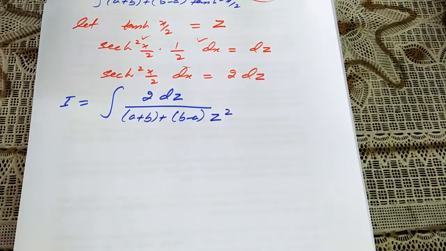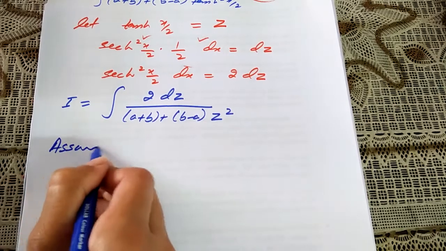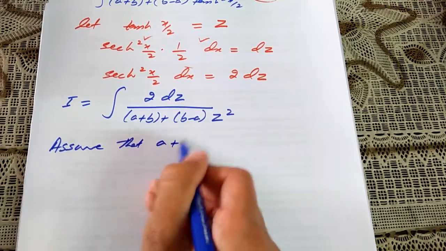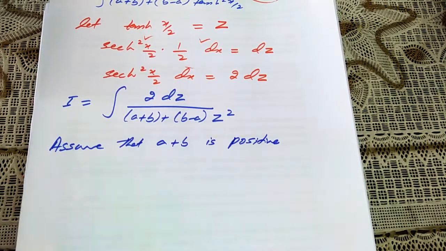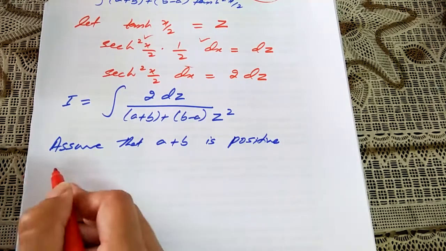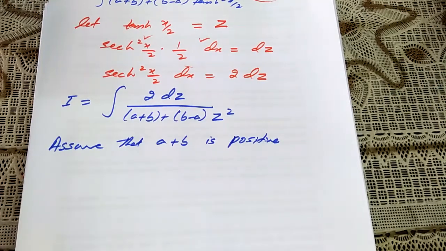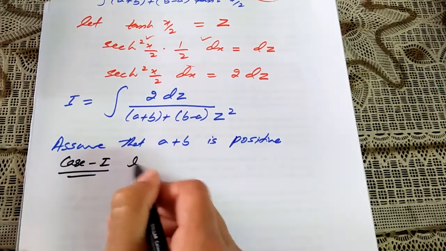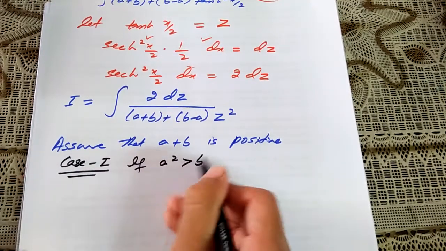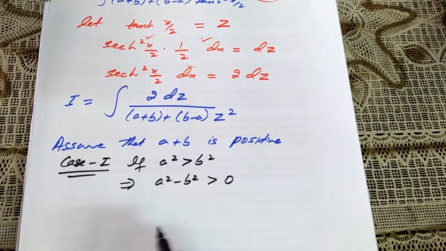Now we assume that a plus b is positive. I am assuming that. Case 1. If a squared is greater than b squared, then a squared minus b squared will be greater than 0.